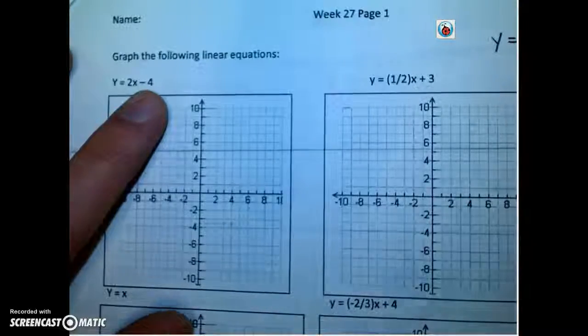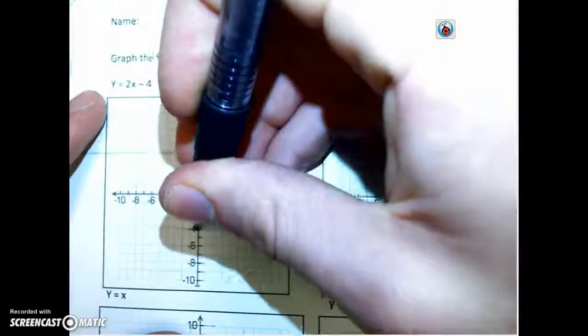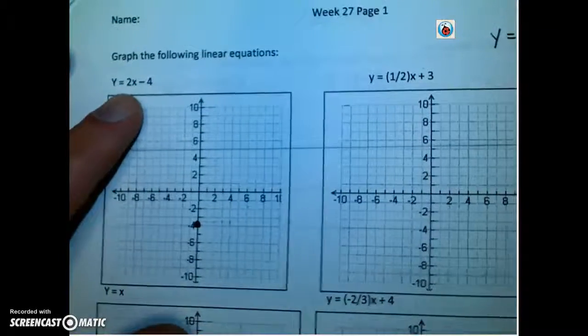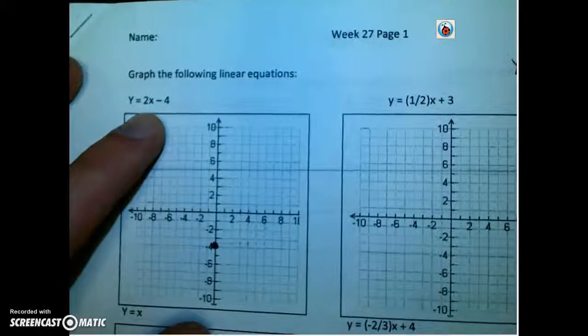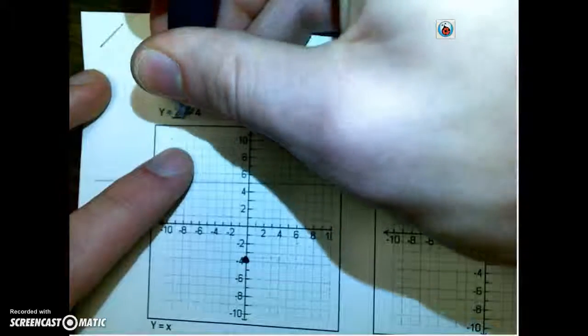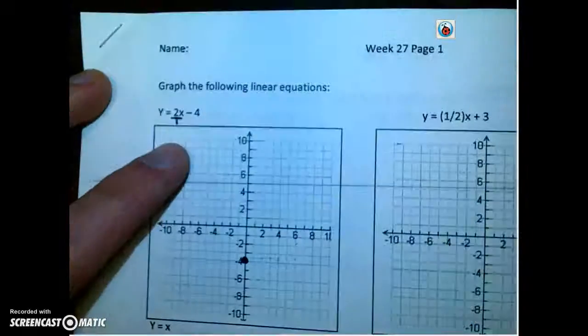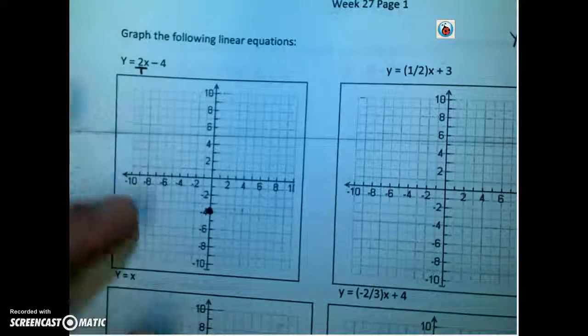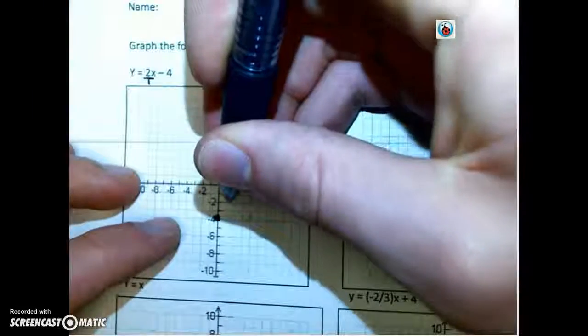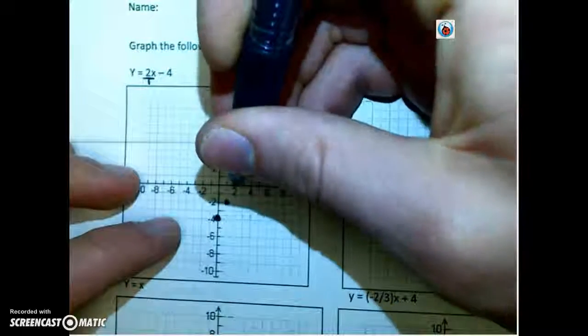Okay? So some people have a hard time with ones like this. They'll come in and plot the y-intercept, but then they don't know what to do with this slope. They know they need a rise over run. Whenever you run into a whole number, you always put it over top of a 1. Right? Because dividing by 1 doesn't change anything. This is going to go up. You can do that.